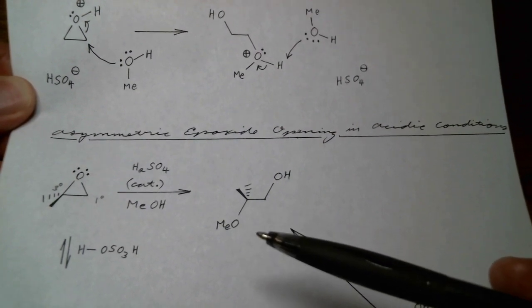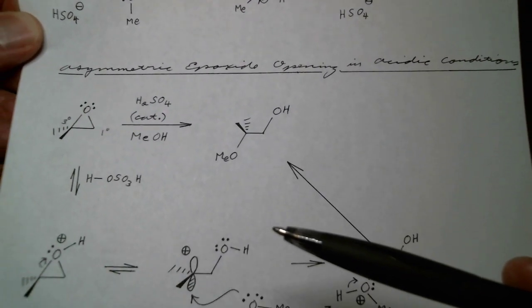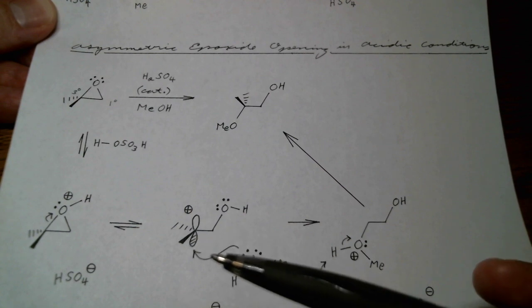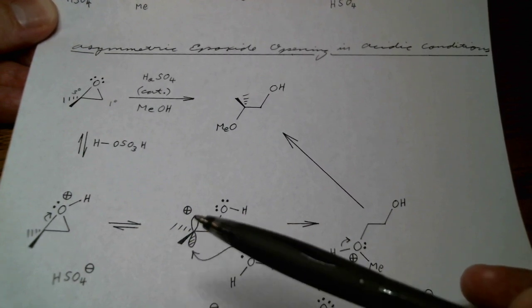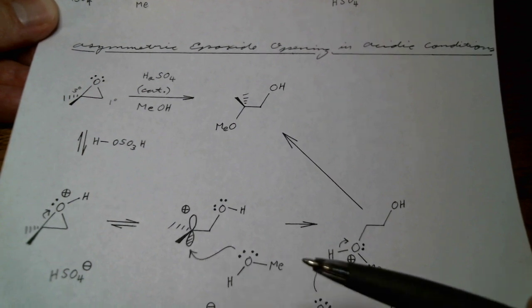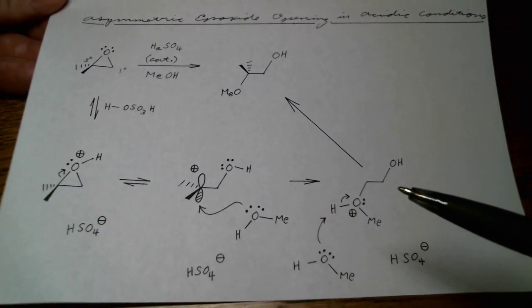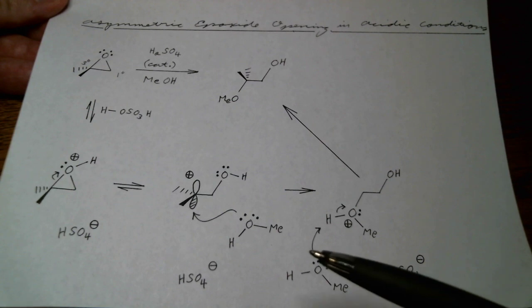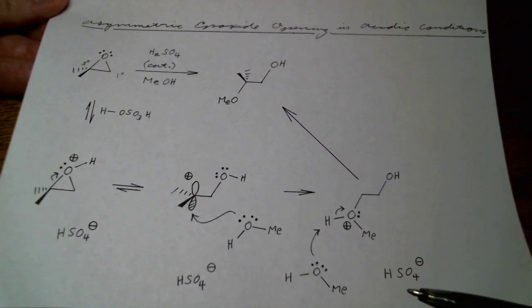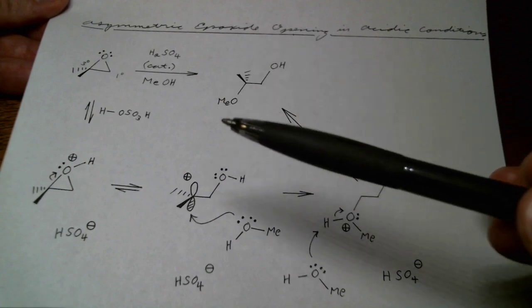Of course, this is somewhat consistent with our ideas about SN1 because once we protonate that epoxide, it can simply open and give us a tertiary carbocation to which the methanol will add and then be deprotonated, usually by another molecule of methanol to give protonated methanol and the HSO4 minus anion, and of course our product.